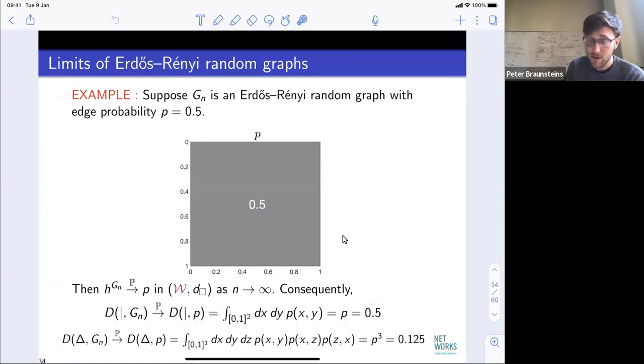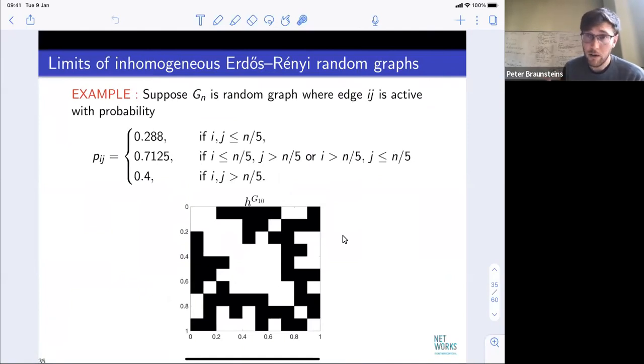We can do the same with the triangle density. The triangle density, as n becomes large, converges to the triangle density in our smooth graphon, where we can use our nice formula. In this case, we know that the triangle density is 0.125 for our Erdős-Rényi random graphs.